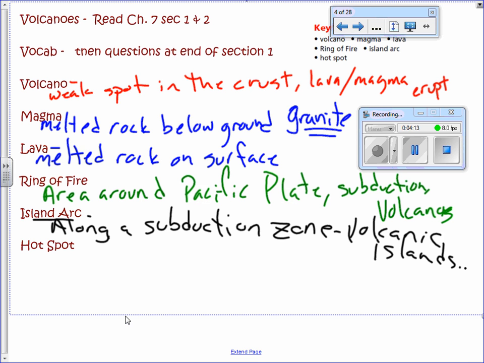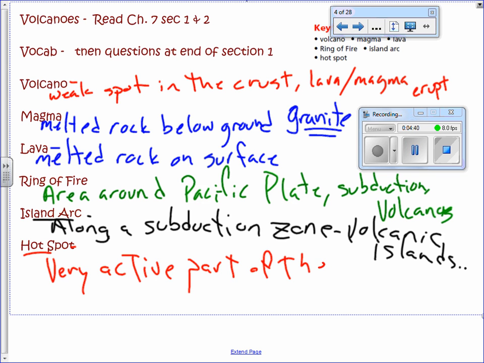And then finally, a hot spot, as they just mentioned in the Brain Pop. What is a hot spot? So a hot spot is a very active part of the mantle.